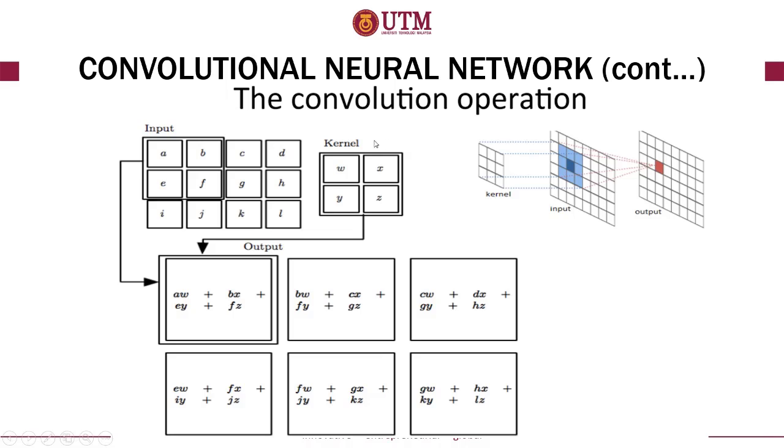But because this picture is 2x2, if you apply the input here and the kernel here, to find net number one, I assume this is net number one at this position, for example, you must multiply this one with this one, this one with this one, and this one with this one.